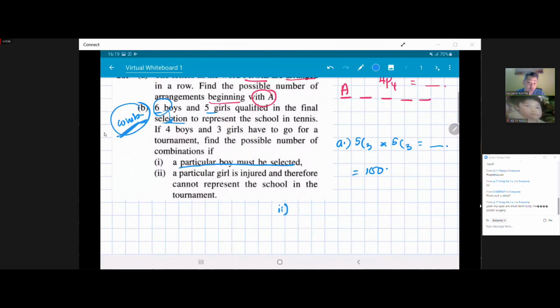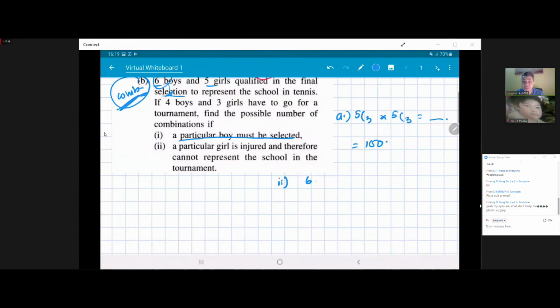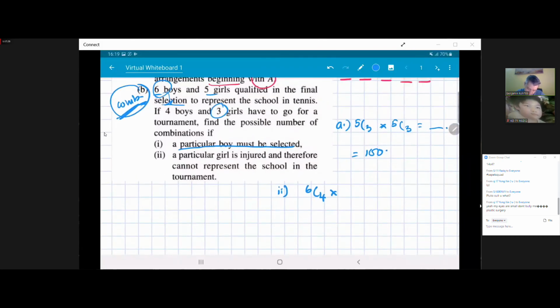Anyway, part 2. A particular girl is injured and therefore cannot represent the school. So for the part 2 condition, it only mentions a girl, which means that for the 6 boys, we are still going to choose 4. 6 choose 4. But what about the girls? We have 5 girls, but we need 3 girls. It says a particular girl is injured. Now imagine there are 5 girls, ada 5 perempuan, and 1 girl is injured, that means disqualified, right?